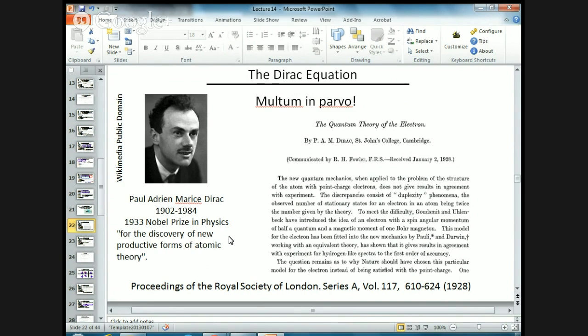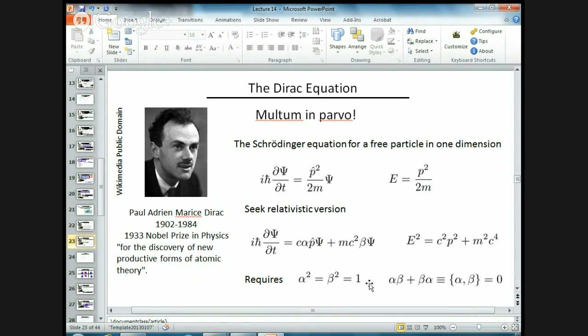So Dirac, at the age of 25 or 26, sat down with the goal of reconciling special relativity with quantum mechanics. You can kind of see what the problem is. Here's the Schrödinger equation for a free particle. Actually, what we're going to do now is talk about the Dirac equation for a free particle in one dimension. What could possibly go wrong?